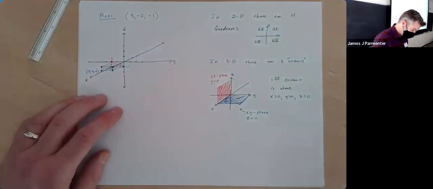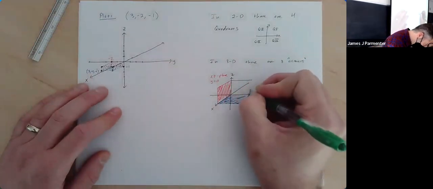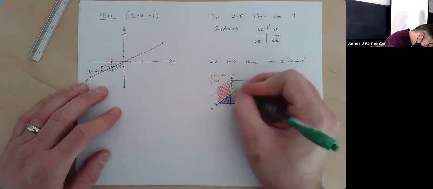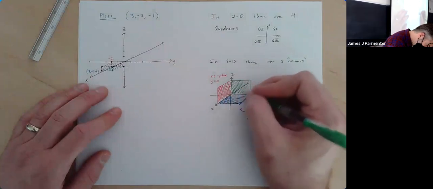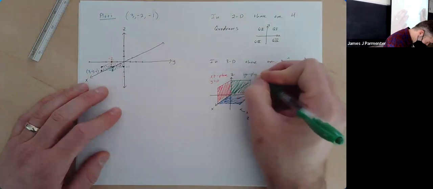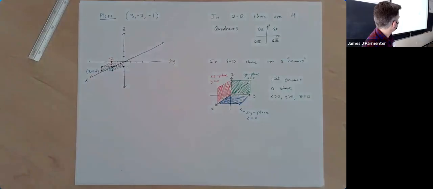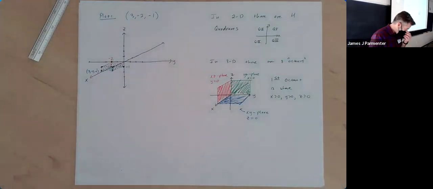And thirdly, this back wall here, this is your YZ plane. And on this plane, X is equal to 0. That's a pretty useful thing to be aware of. We use it often when we're trying to graph things.